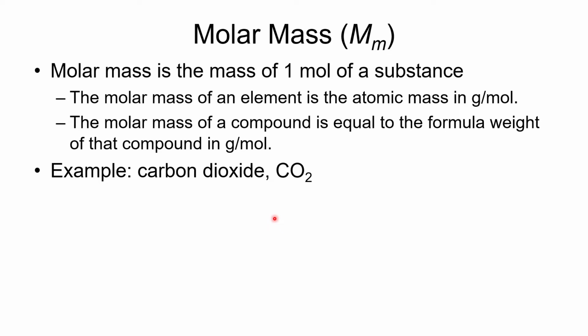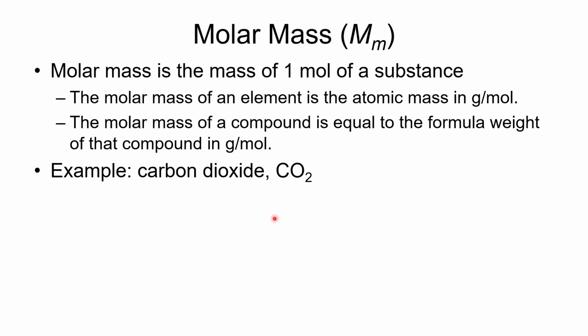So now we want to calculate the molar mass of different substances. The molar mass of 1 mole of a substance is going to be the mass of 1 mole. So the molar mass of an element is simply the atomic mass, but in grams per mole.